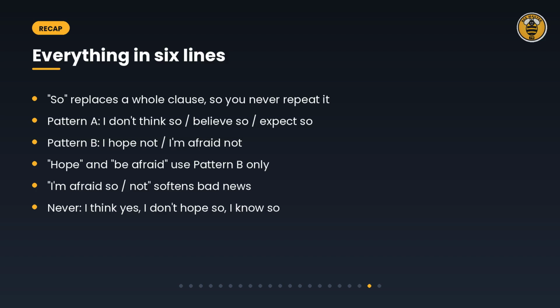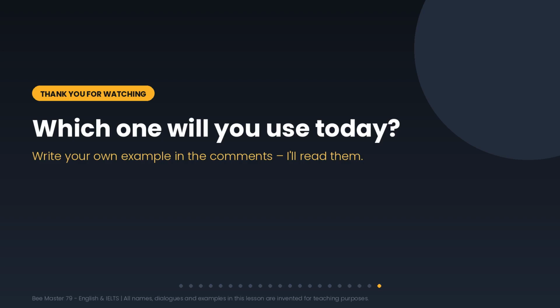I am afraid so and I am afraid not are your polite tools for bad news. And 6. Never say I think yes, I do not hope so, or I know so. That is the whole system.